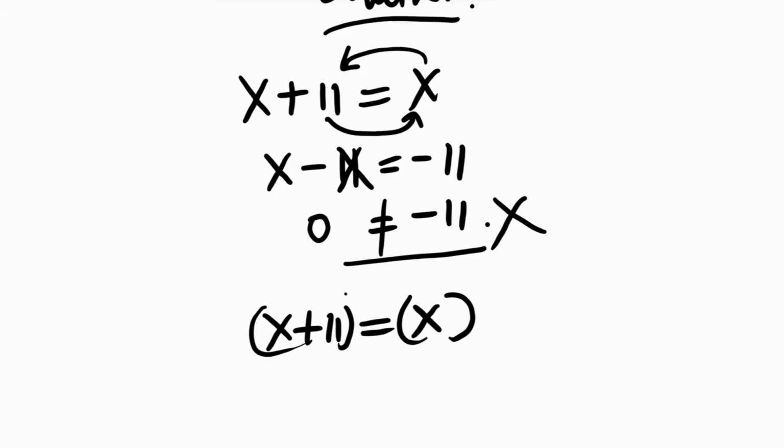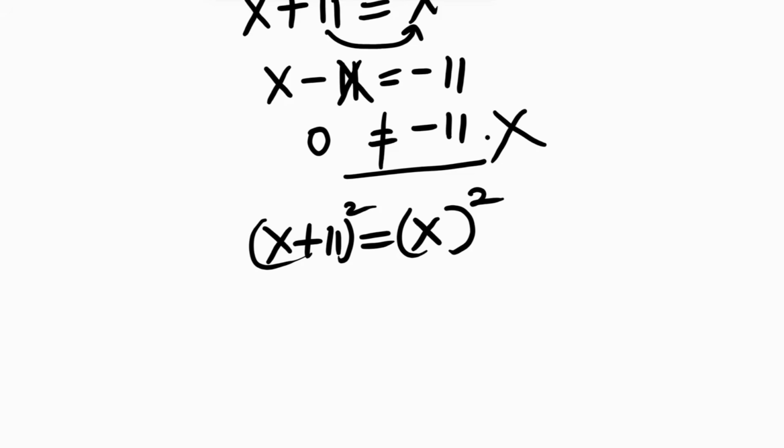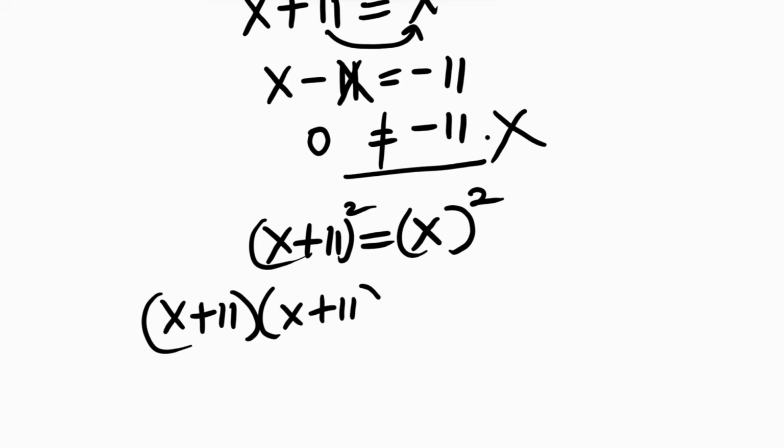Okay, so if we square both sides, what do we have? We have x plus 11, and then we also have x plus 11 equals x squared.